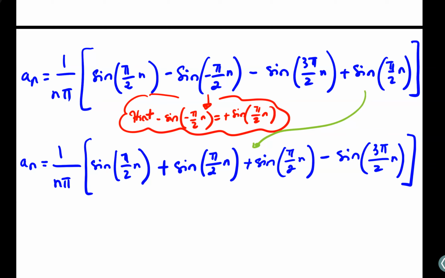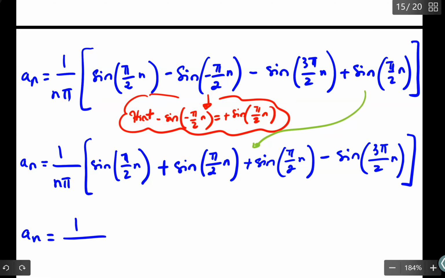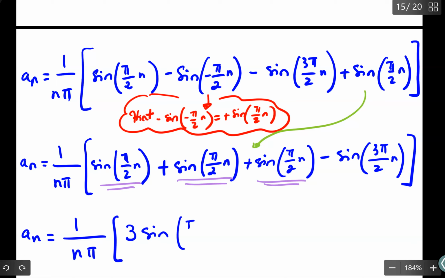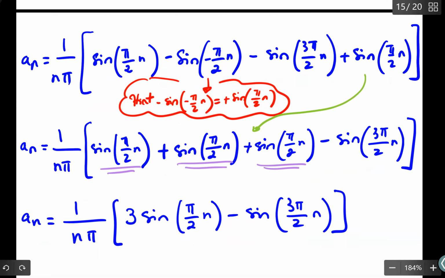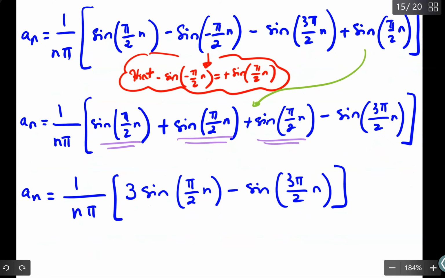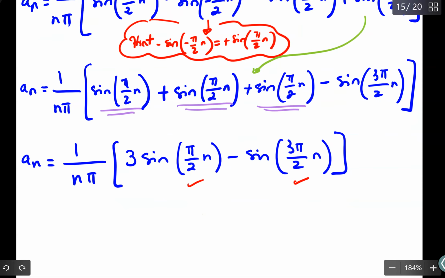An will be equal to 1 over n times pi. Now you see that you can add these 3 terms, and I can write it as 3 times sine of pi over 2n, and subtract sine of 3 pi over 2n as the argument, and note that this and this are totally different from each other.